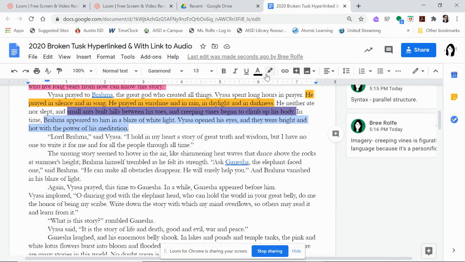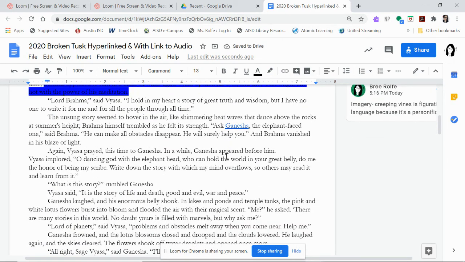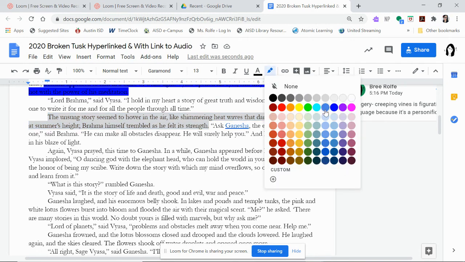I would also highlight this as imagery. This right here, it's a beautiful sentence, by the way. It's kind of imagery and figurative language.